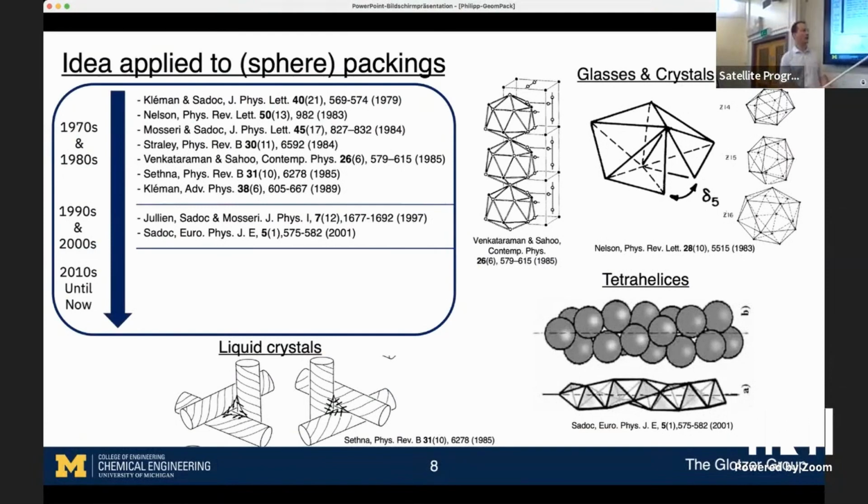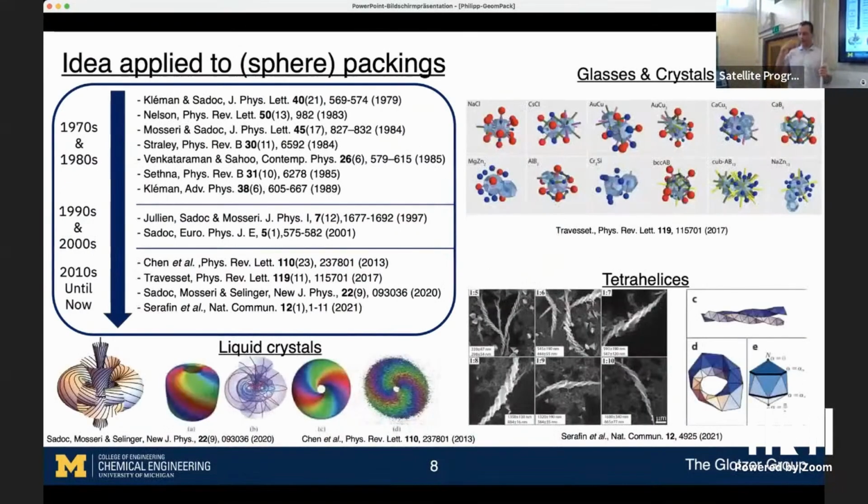Also, people looked at them to understand tetrahelices and these kinds of packings on a cylinder, or like we have already been told about in the very first talk in terms of liquid crystals. And interestingly enough, in the last couple of years, since 2013, these have been more and more adopted again, and we saw this illustration already.